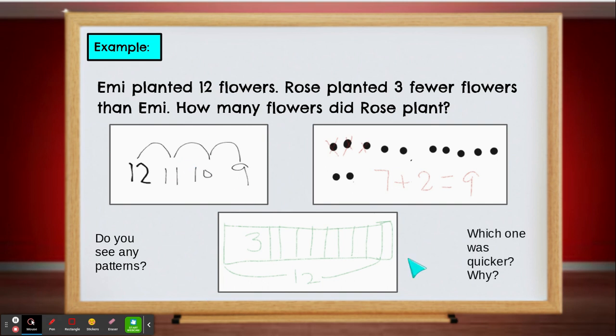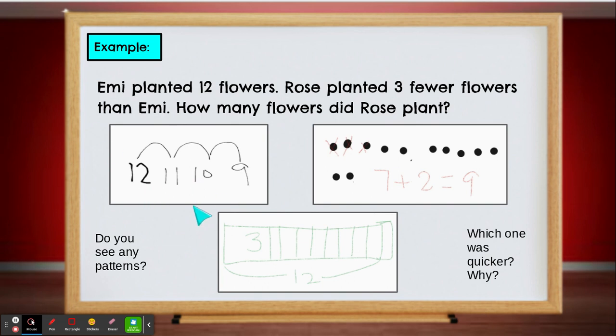And another question might be, which one was quicker and why? So I might have a student that started from 3 and counted on to 12 to get the missing number versus a student that went backwards 3 to get the missing number. So in this problem example, the quicker version was the first strategy.